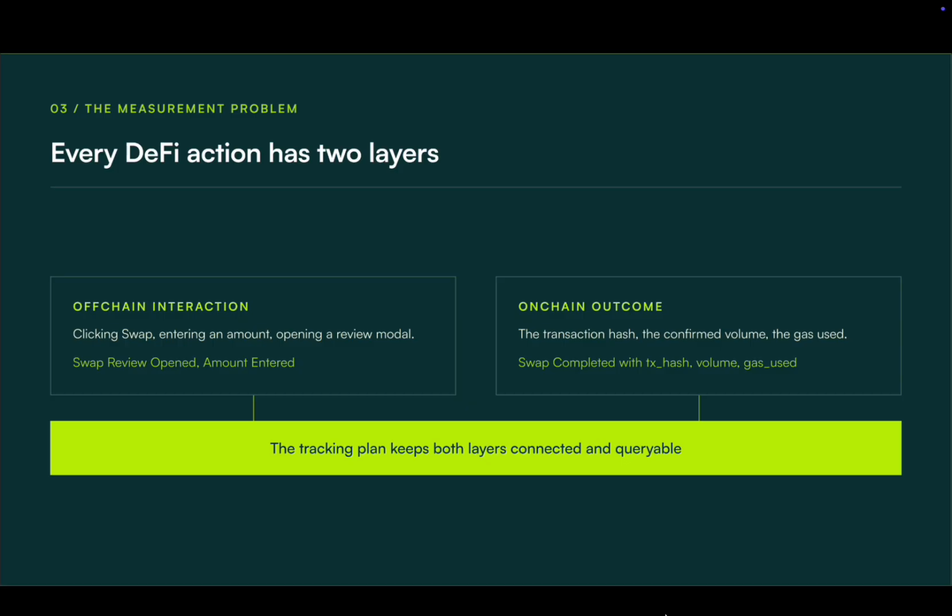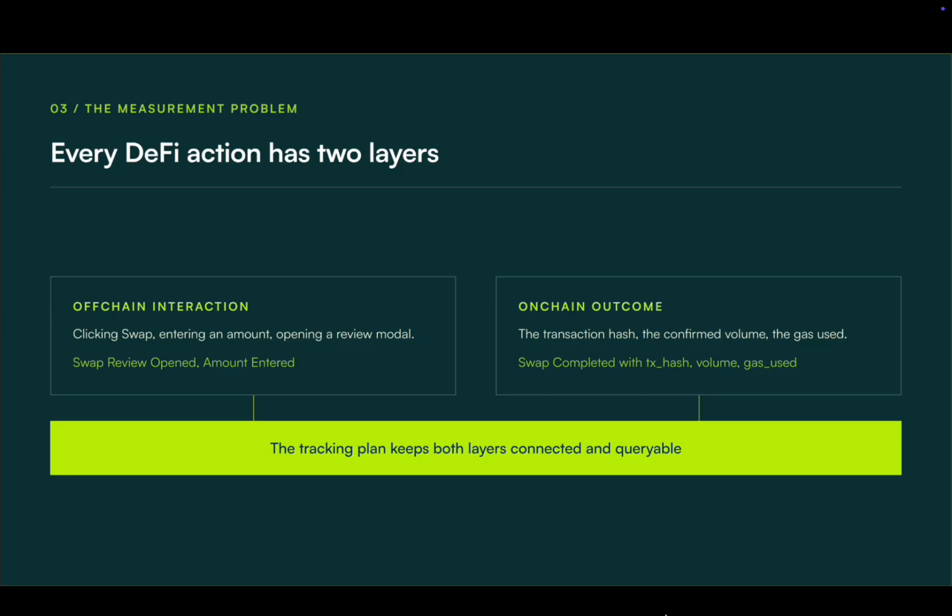The reason this matters is that every DeFi action has 2 layers. There is the off-chain interaction. A user clicks swap, enters an amount, or opens a review modal. Then there is the on-chain outcome. The transaction gets submitted, confirmed, and produces data such as the transaction hash, confirmed volume, and gas used.